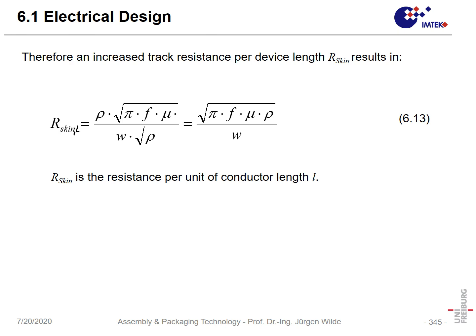The resistance per unit length of a conductor, when we combine that, is proportional to the specific resistivity times the square root of frequency times permeability, divided by the width of that conductor and divided again by the specific resistivity. It must be noted that especially in magnetic materials, the skin effect is significantly larger because the relative permeability can be, for instance, like 100.